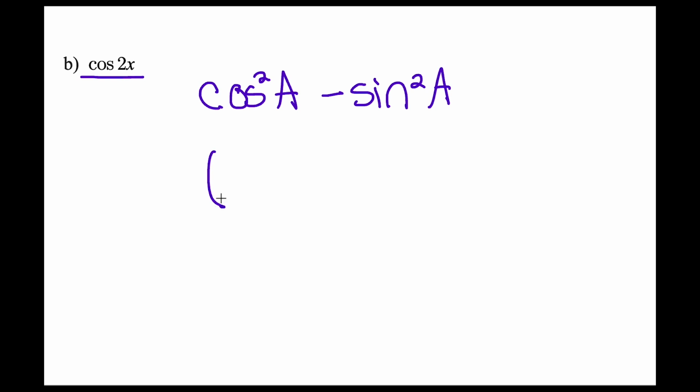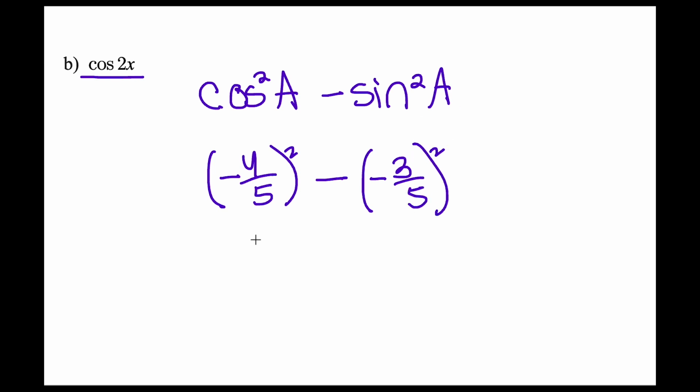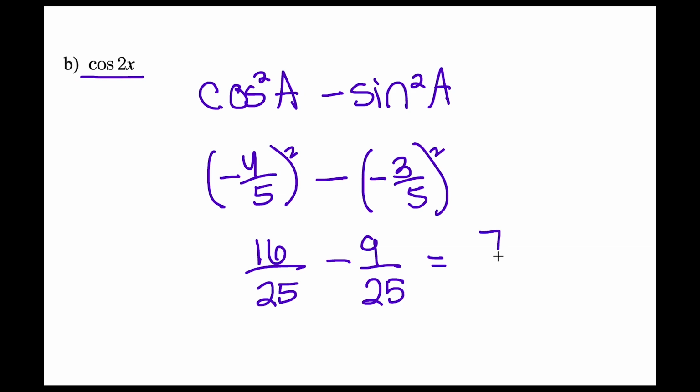Cosine of a, negative 4 over 5 squared, minus sine of a, negative 3 over 5 squared, which becomes 16 over 25, minus 9 over 25, and our final answer, 7 over 25.